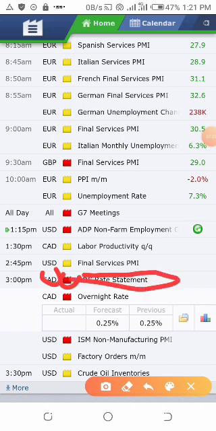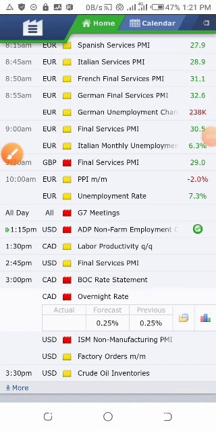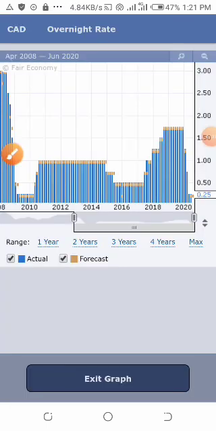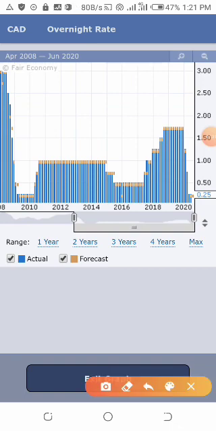All right, so now to get data on this news, you click on this bar chart. So I just clicked on it now and it brought this up. So now these are the forecasts. These brownish icons here tell us exactly where analysts are predicting this news, this interest rate, to get to.